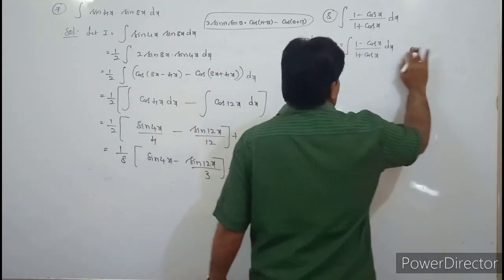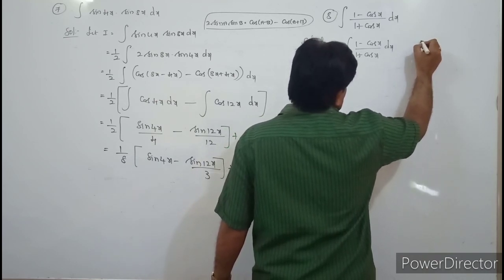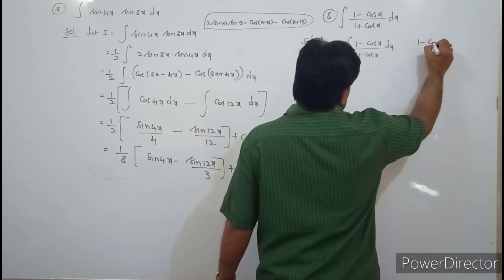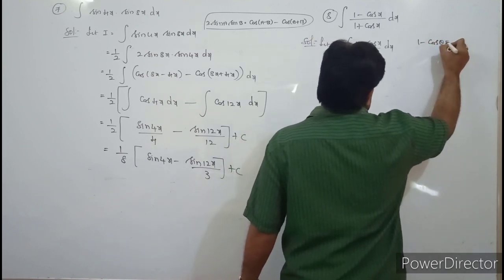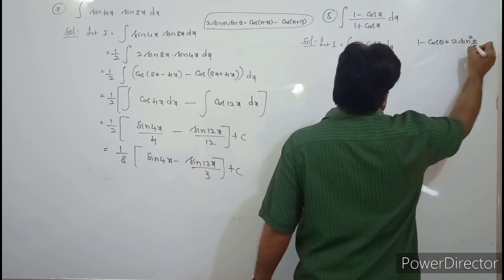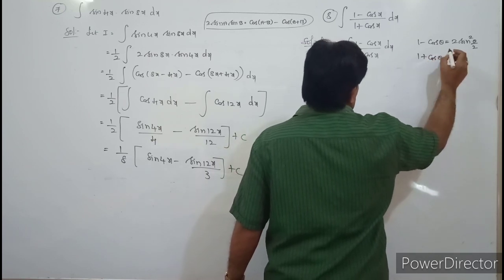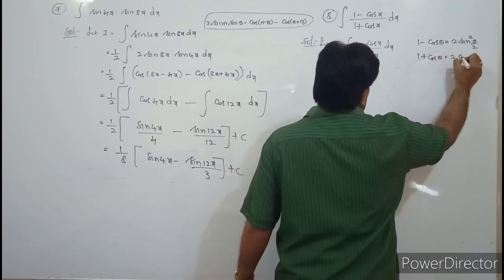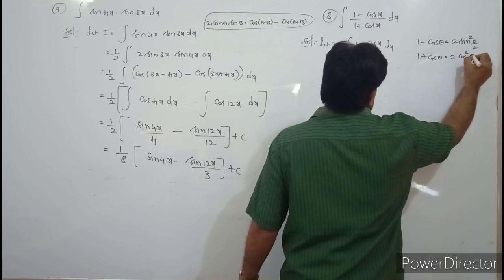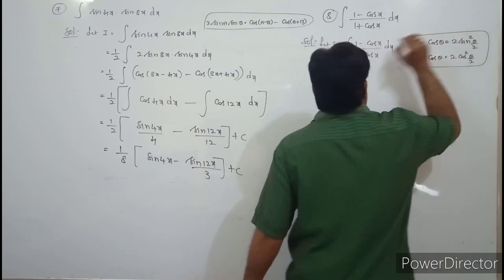So I already told the formula: 1 minus cos theta is equal to 2 sin square theta by 2, and 1 plus cos theta is equal to 2 cos square theta by 2.